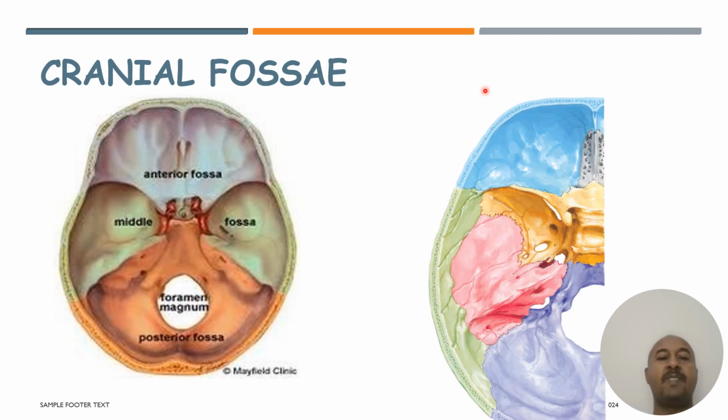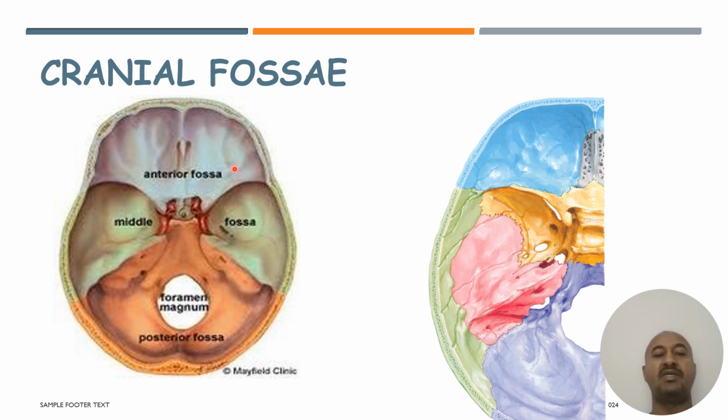So this is the second component of the cranial cavity, which is the base of the brain. And as you see, the base of the brain is made of three fossae: anterior cranial fossa anteriorly here, the middle cranial fossa in the middle, and the posterior cranial fossa. So what are these fossae? These fossae are depressions in the floor of the cranial cavity that house and protect different parts of the brain.